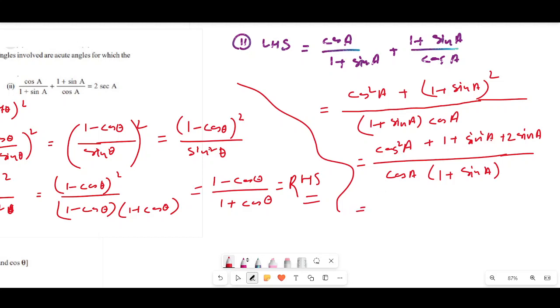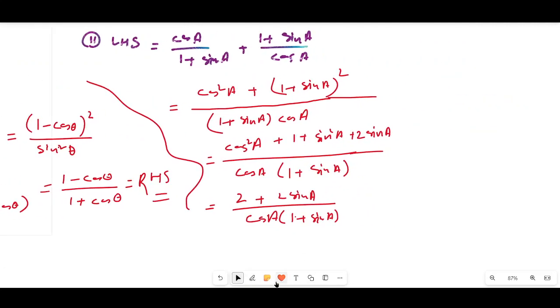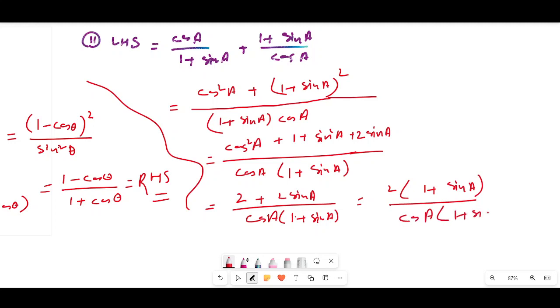Now this will be 1 plus 1 is 2, then 2 plus 2 sin a, and cos a into 1 plus sin a. Now if we move on, we can write this 2 into 1 plus sin a, then cos a and 1 plus sin a cancel out.